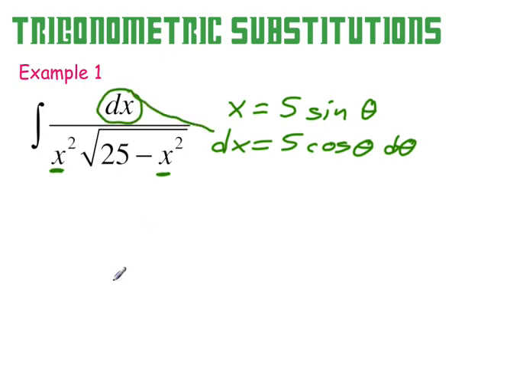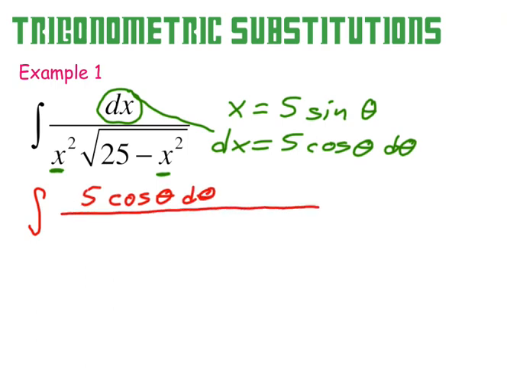As we rewrite this entire integral, we will have the integral of, now the top part, the dx, is now 5 cosine theta d theta. In the bottom, we have our x squared, which is going to be this squared, or 25 sine squared theta.